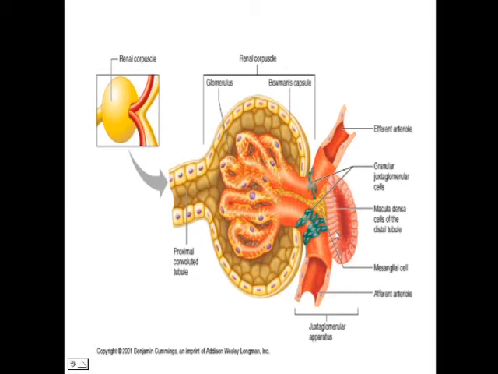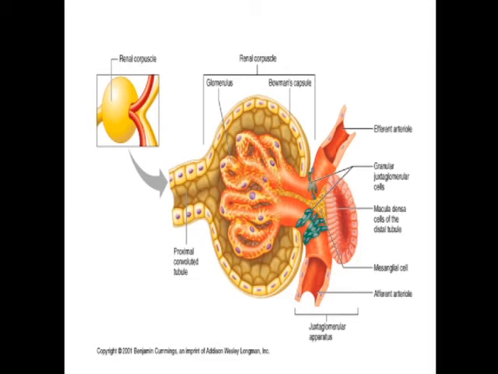The cells are tall, columnar, and the Golgi apparatus of these cells is located in a subnuclear position in contrast with the supranuclear position in other parts of the tubule. The closely packed nuclei of the thin, tall columnar cells give this region of the tubule a darker or denser appearance. That's why this is known as the macula densa, that is dense spot.